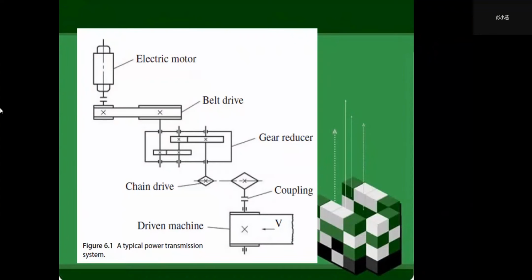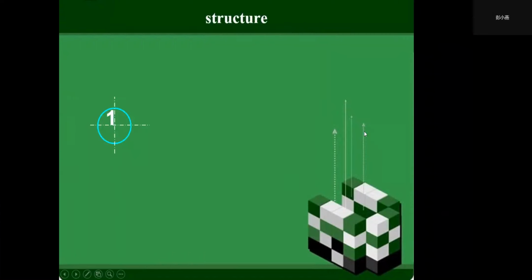For example, in this figure, belt drive is used between electric motor and gear reducer to transmit power and motion. So it is usually used at the first stage or the high-speed stage.